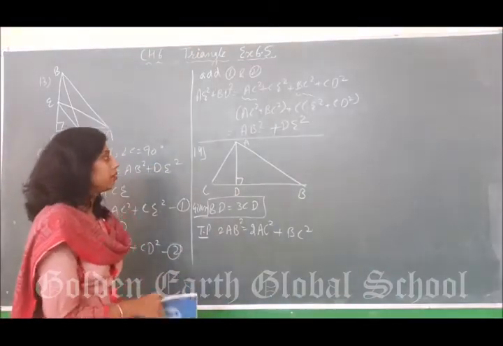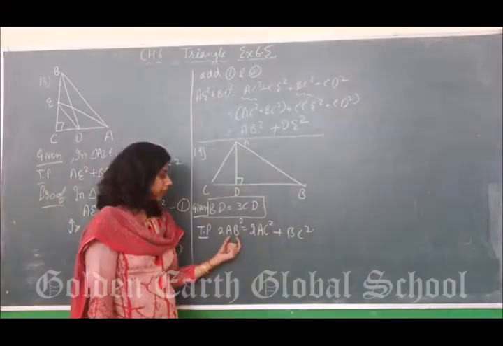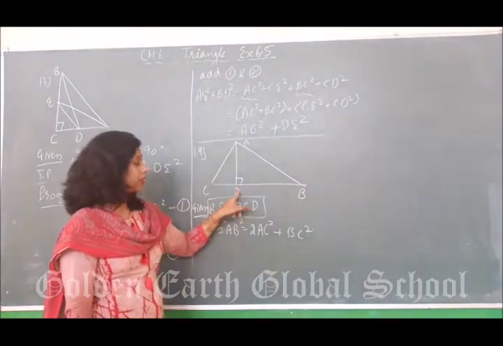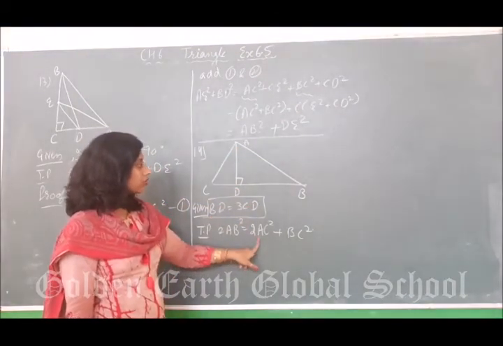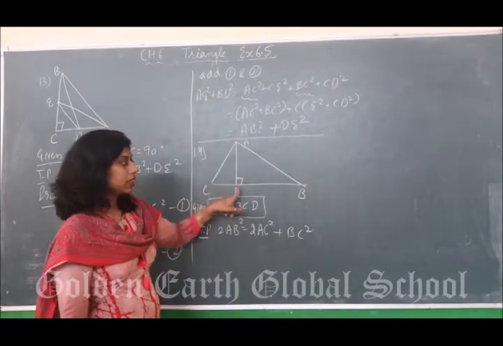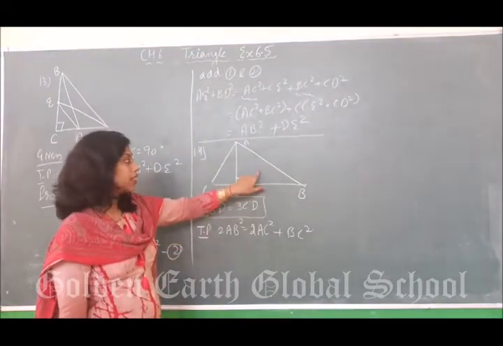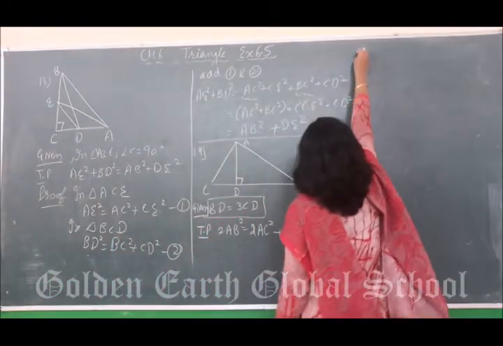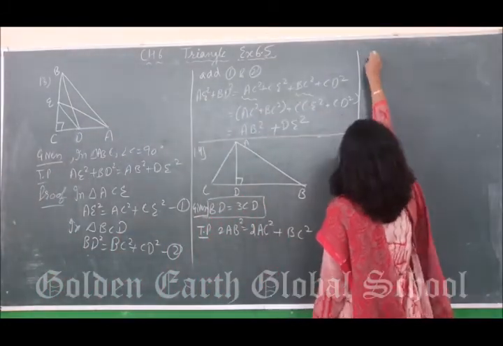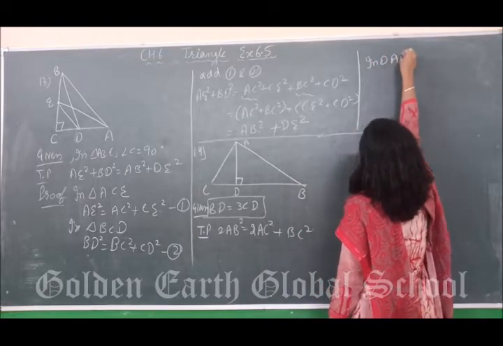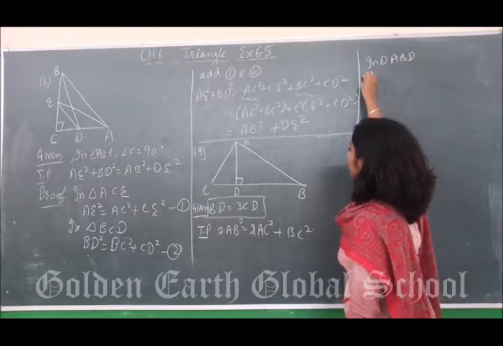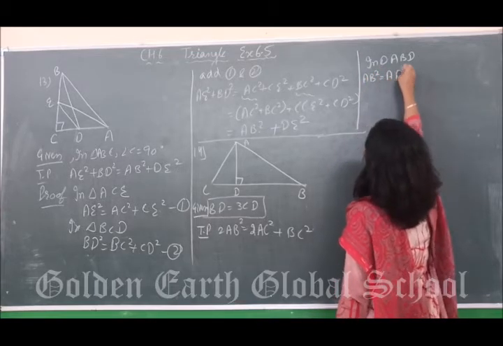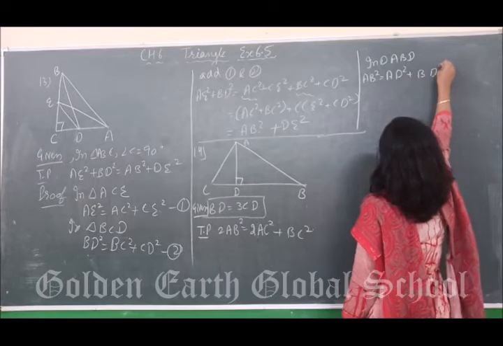So we will start from that triangle in which we have AB. So we will consider triangle ABD. Then we need AC, so we have to consider ACD also. First of all, consider ABD and ACD. In triangle ABD, apply Pythagoras theorem here. AB square is equals to AD square plus BD square.